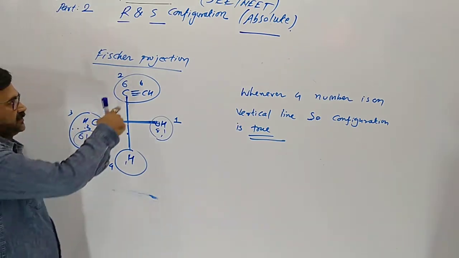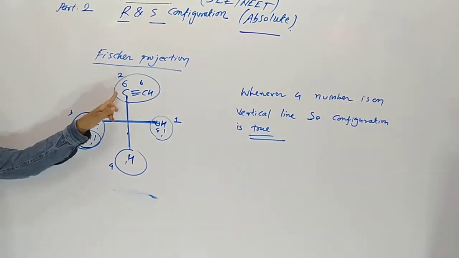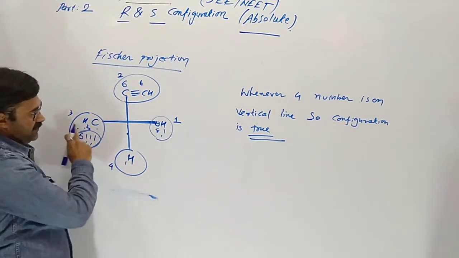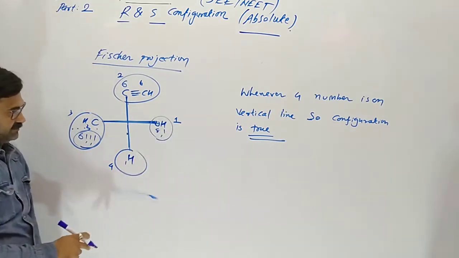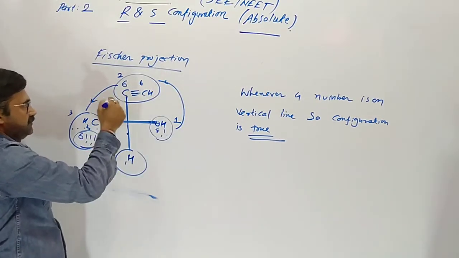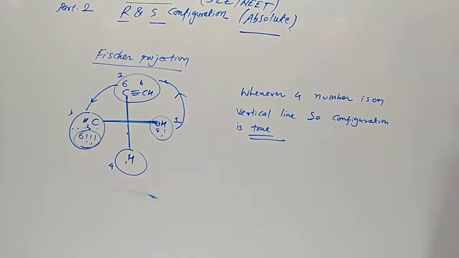Vertical means top or bottom position; number 4 should not be on the horizontal line. Now, on reading 1, 2 and 3, our sequence comes anti-clockwise. So this is S configuration. Yes.